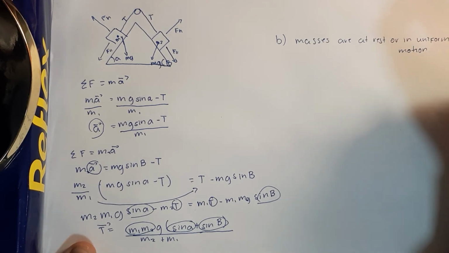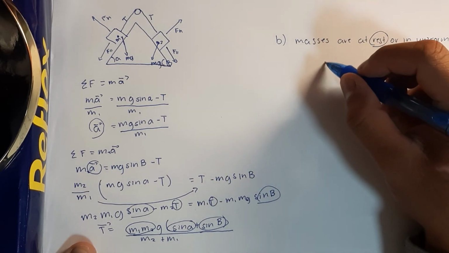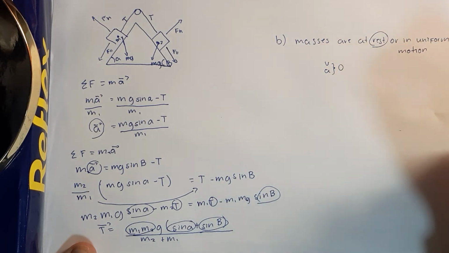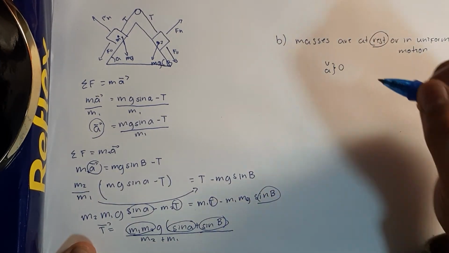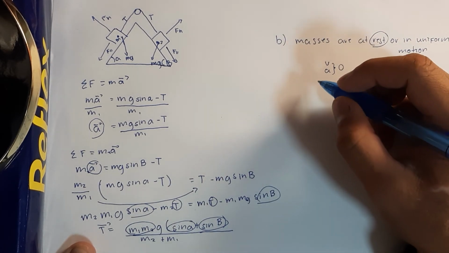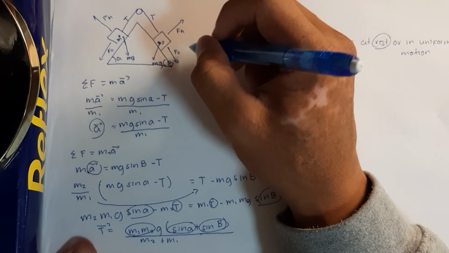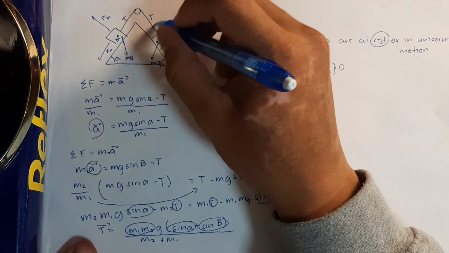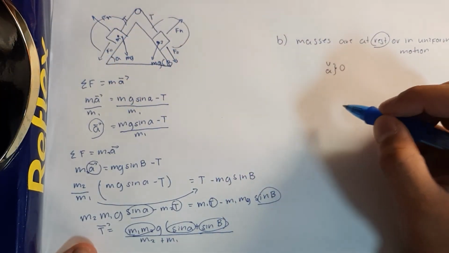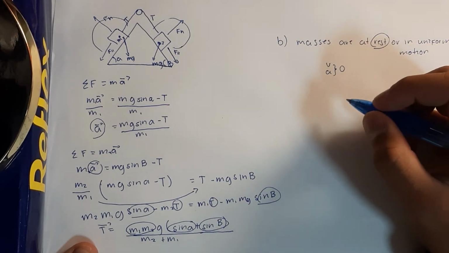From the problem we can see that it is at rest, meaning the velocity and acceleration are both zero. And we also want this one to be equal to that one, so they would both be at rest.